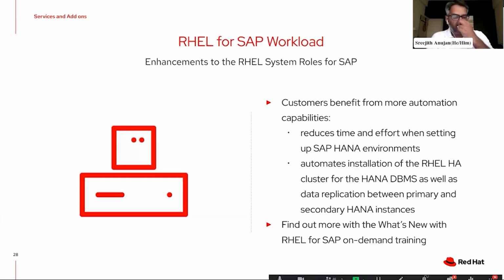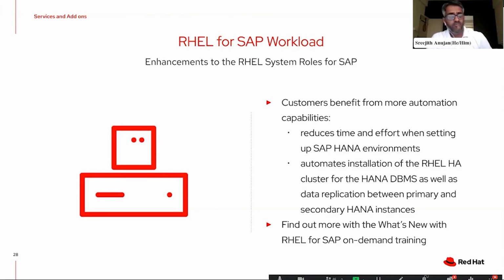From a workload perspective, there are a lot of workloads which are fully supported with RHEL, like SAP. So we have dedicated system roles, which are nothing but Ansible playbooks, which will configure your system for SAP kind of workloads, whether it is SAP HANA or other SAP-based applications.